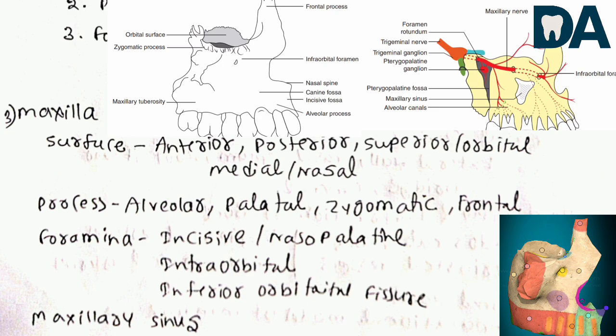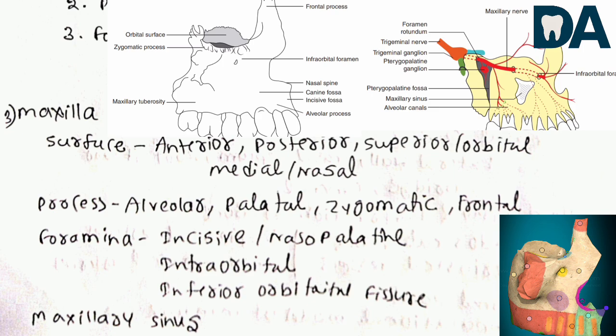Posterior or infratemporal surface. It is convex and curved posteriorly and laterally. It has the following features and characteristics. Alveolar canals. These are foramina for the posterior superior alveolar nerve and vessels. Boundary of infratemporal fossa.